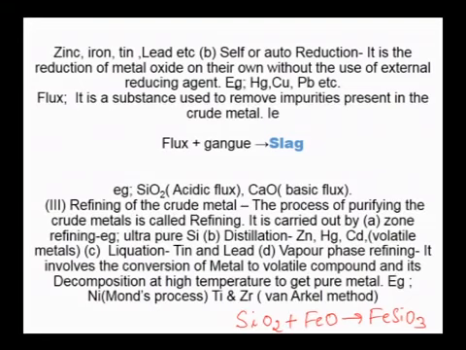Similarly, in the extraction of iron, the impurity SiO2 combines with CaO, giving rise to CaSiO3, that is calcium silicate slag.